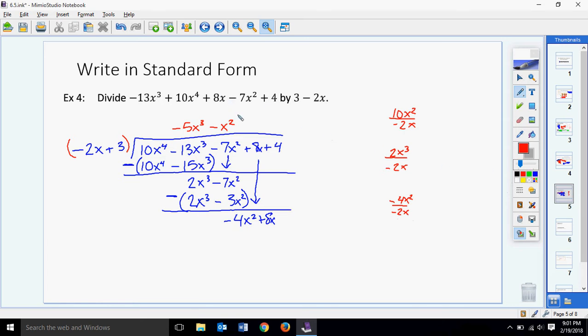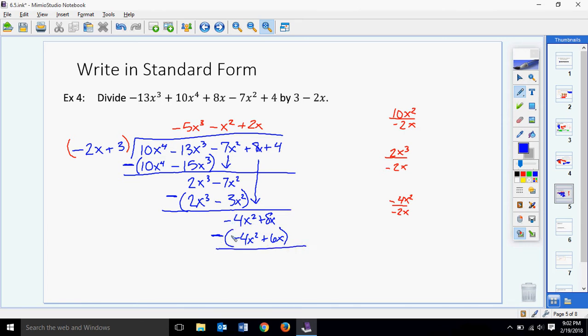So your answer is going to be positive 2x. Because when I multiply this back, a 2x times a negative 2x would give me negative 4x squared. And a 2x times the 3 would give me 6x.